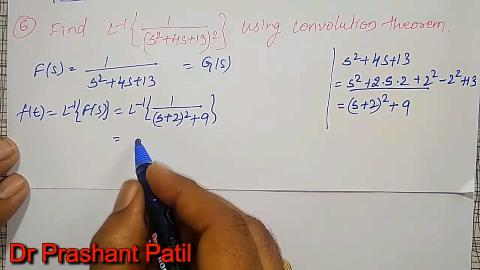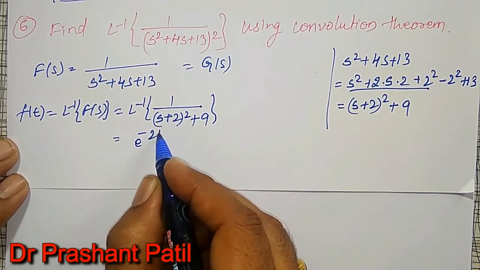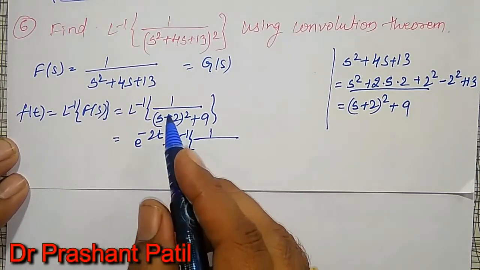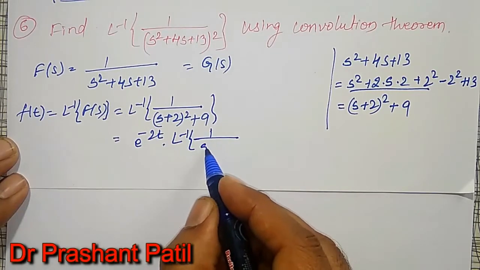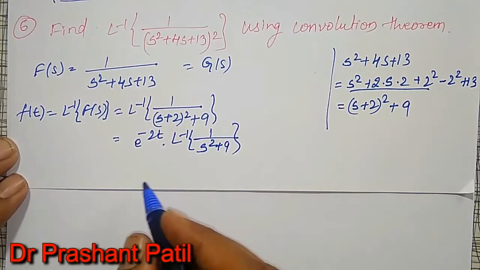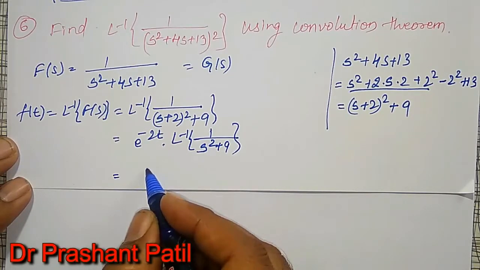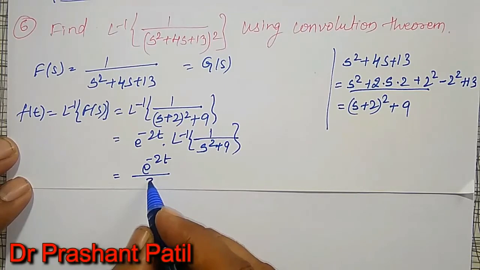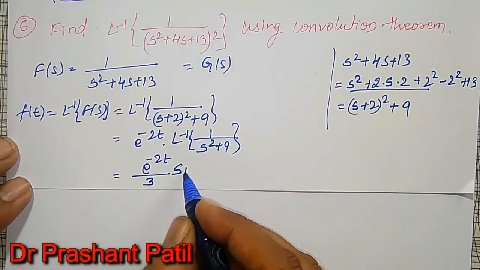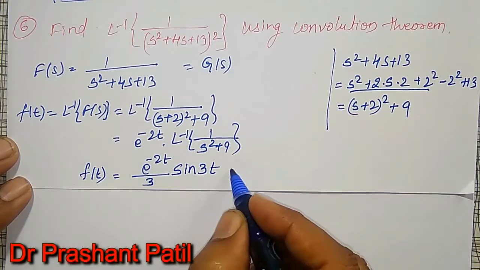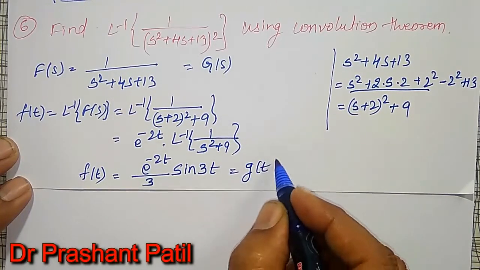Therefore, it is e to the power minus 2t into inverse Laplace transform of 1 divided by s square plus 9, with s plus 2 replaced by s. Now, its inverse Laplace transform can be written as e to the power minus 2t, 1 by 3 will come, into sin 3t. This is my f of t as well as g of t.